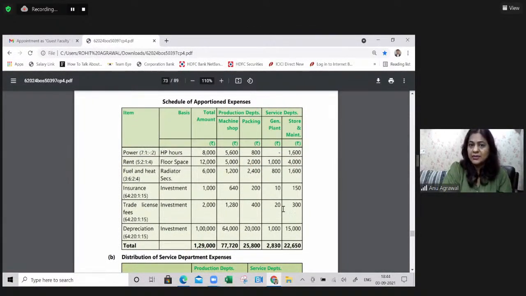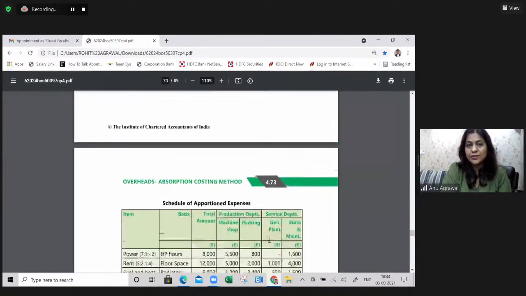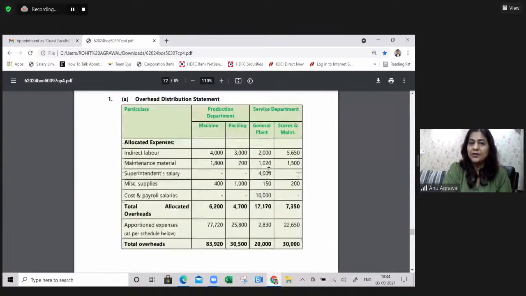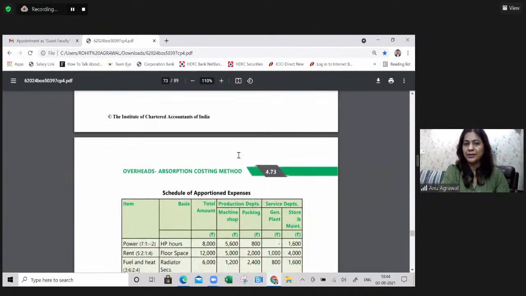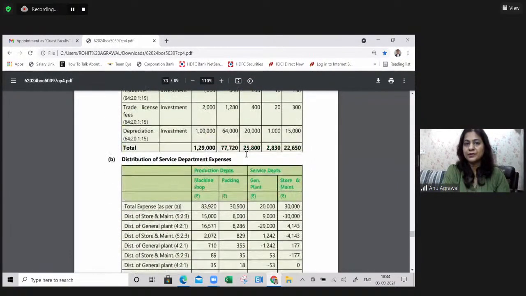After we divided all these expenses, we found out whatever the expenses total was, we wrote it here, right? Then what did we do? Stores and maintenance, I divided on these three in the ratio which was given to me, some 50, 30 or 20, service department to production department.